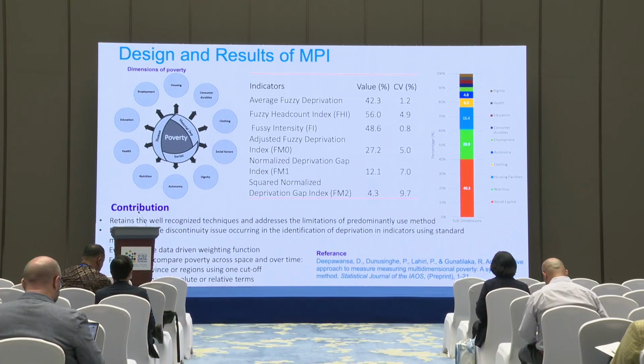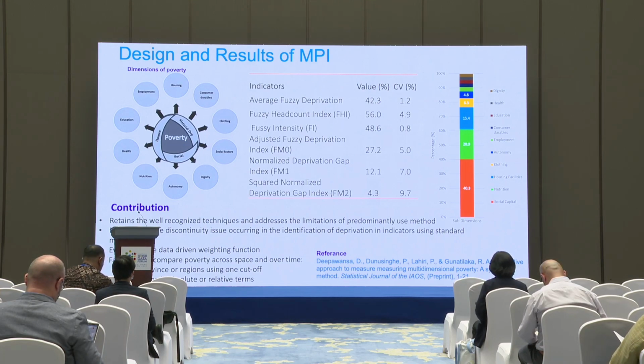These are the fuzzy headcount index, fuzzy intensity, adjusted fuzzy deprivation index, and normalized deprivation gap index. This study examines how 3 main dimensions capture poverty: the material deprivation, social dimension, and human capital.